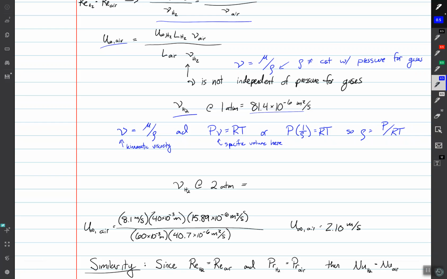So the ratio of our kinematic viscosities, V1 divided by V2, is equal to P2 divided by P1. That's because our density is proportional to pressure, so our kinematic viscosity is inversely proportional to pressure. That's what this is saying here.